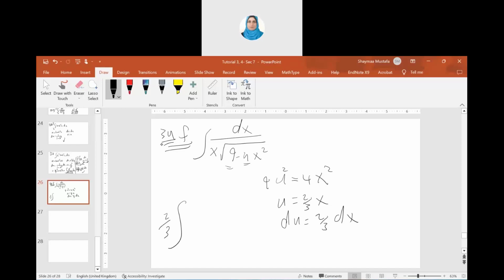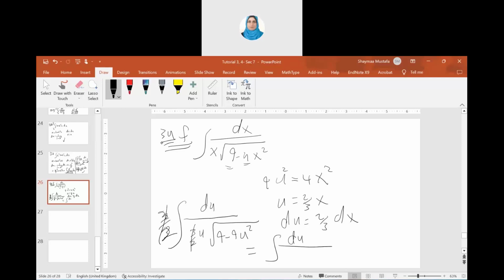So now du will be 2 over 3 dx. So you have 3 over 2 du, and x here will be replaced by 3 over 2 u. 9 minus 4x squared: 4x squared will be 9u squared, so 9 minus 9u squared. Now the 3 over 2 terms cancel each other.